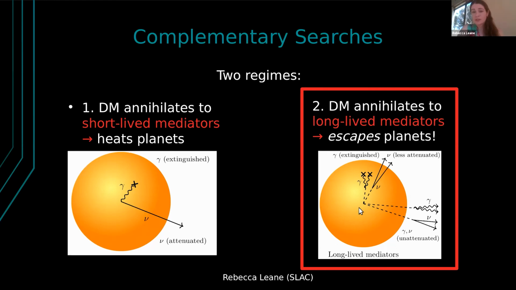If it has a sufficiently long lifetime or a sufficiently large boost, it can be really boosted and then decay outside of the star or the planet. So the star or planet won't be heated, but instead you can look for a different signature, which is any of these decay products appearing outside the surface of the star. For example, this means we could actually see additional gamma rays coming from these objects if the particle just decays outside.